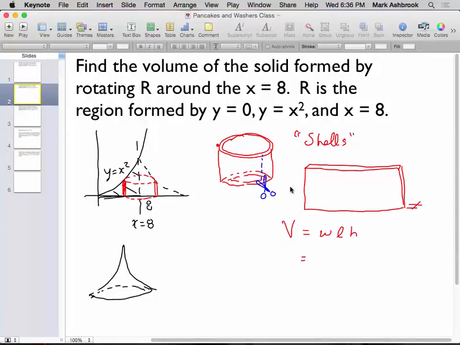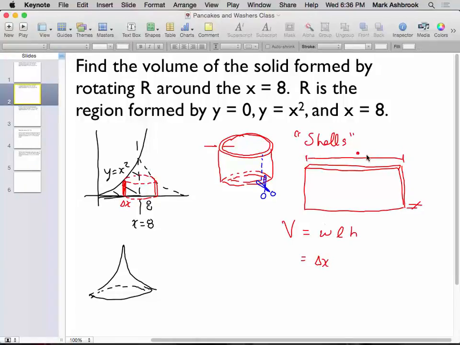And what is our width? The width is this dimension right here, delta x. The width of your original strip becomes the thickness of the shell. So that's delta x. The length of the shell is this dimension.